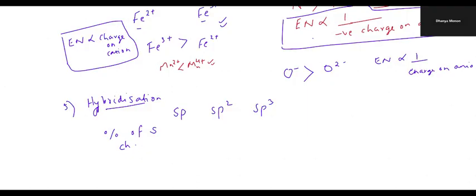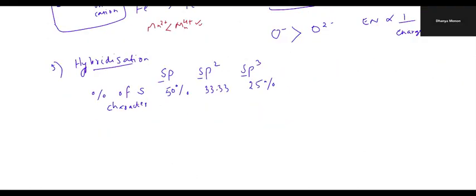So the percentage of S character here is 50%, this is 33.33%, and 25%. I'm talking about the percentage of S in these types of hybridization. Now, electronegativity is in the order SP more than SP2, then SP3. This is the order.